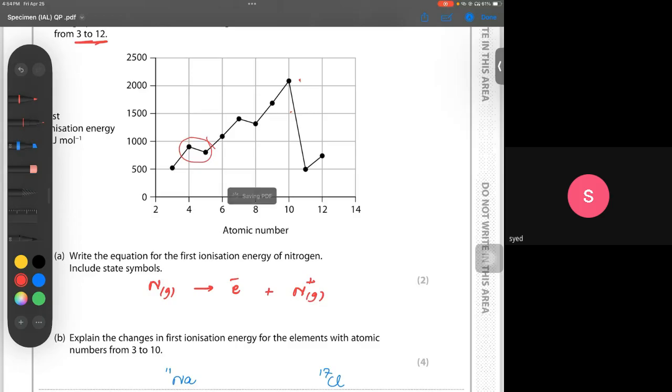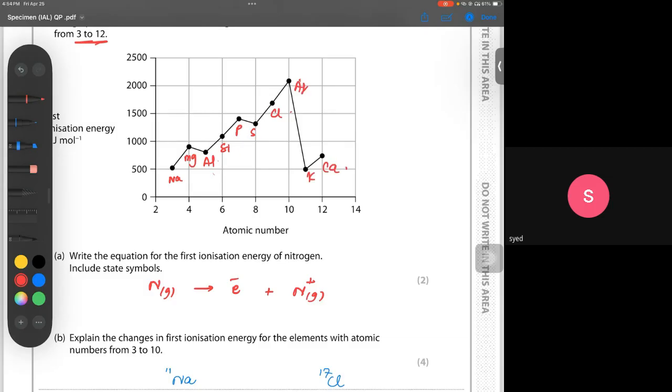If this is lithium, this is sodium, this is magnesium, or if you can see boron and oxygen, magnesium, aluminium, silicon, phosphorus, then sulfur, then chlorine, then argon, then potassium, then calcium.